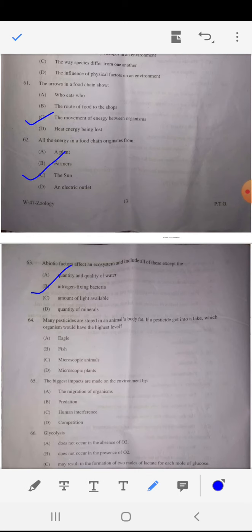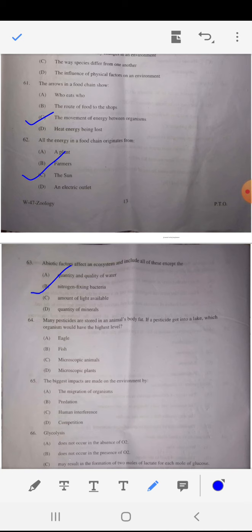Because the quantity and quality of water, amount of light available, quantity of minerals, these all come under abiotic factors, but nitrogen fixing bacteria is a living factor, a biotic factor. So option B is the correct answer.